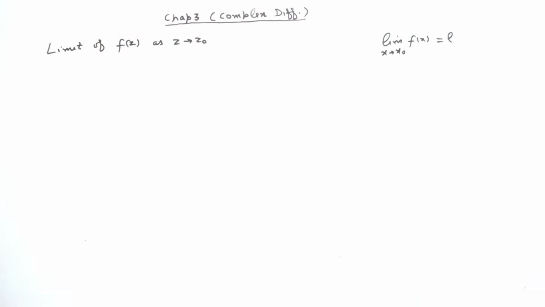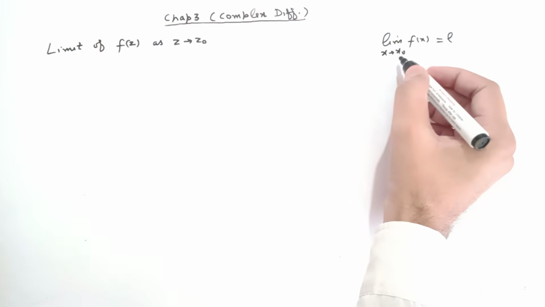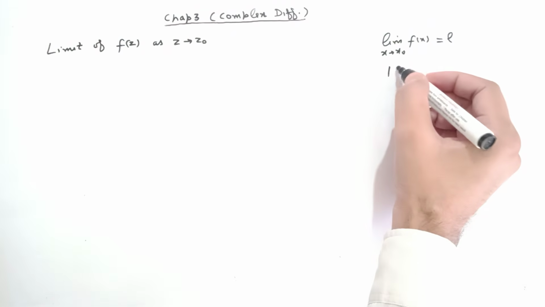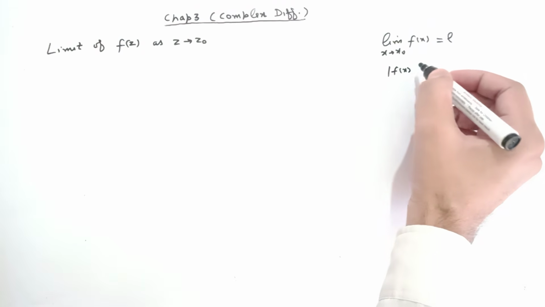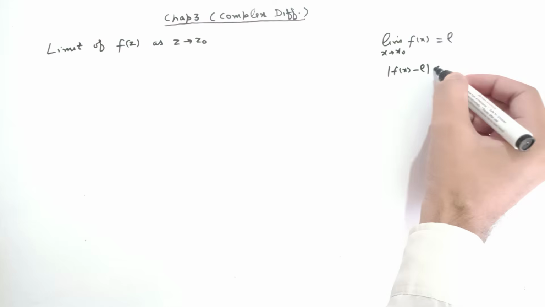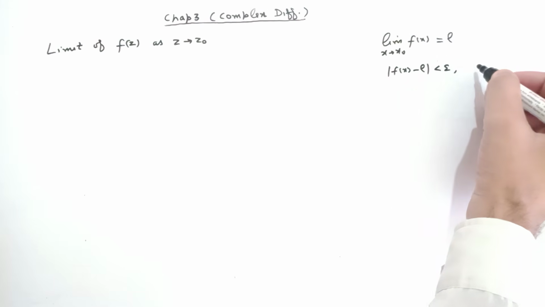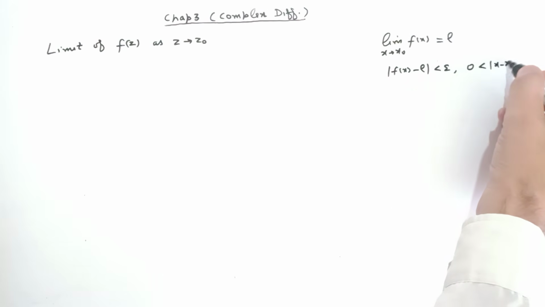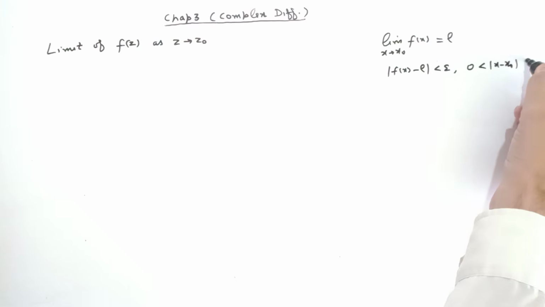How do you define this limit? Given epsilon positive, there exists delta positive such that mod of f(x) minus L is less than epsilon for x lying in the deleted neighborhood of x0.